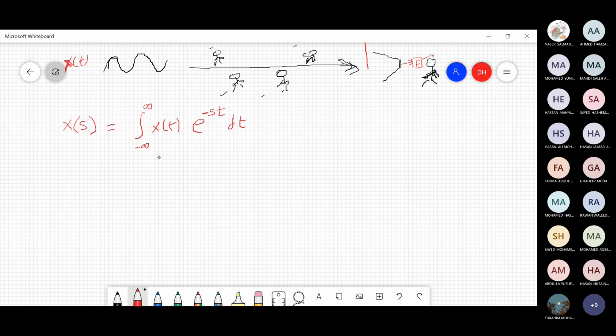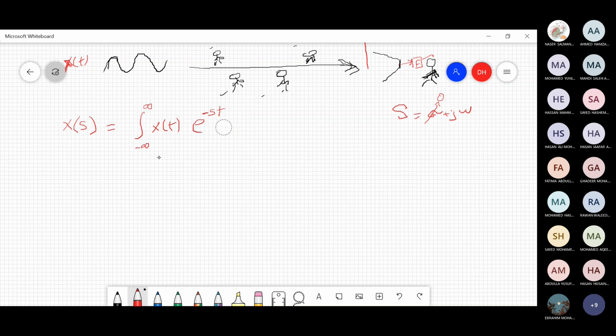Okay, how to change it from the time domain to the frequency domain, to the S domain. Here S is equal to the real part plus j omega. So if the real part equal to 0, then S equal to j omega. And this is what we are going to use, S equal to j omega. So then it is a function of omega.